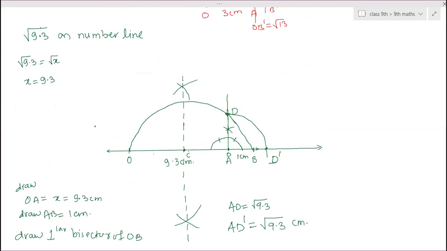Ma'am, while doing this in an exam or test, should we write the steps of construction? Yes, steps of construction you have to write. Justification you have to write only if it is asked, and I will explain the justification. For everything, like root 13, root 5, root 8.5, root 8, you can do the same construction.